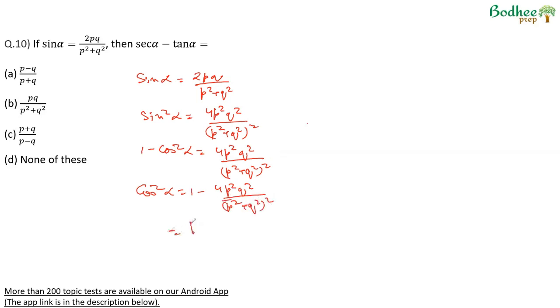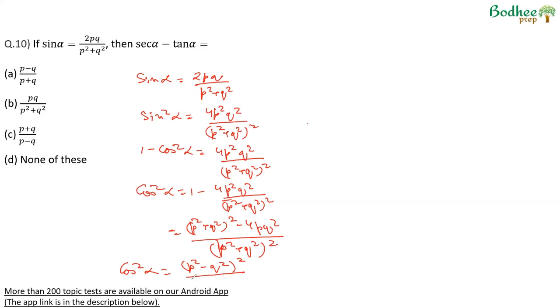which becomes p square plus q square whole square minus 4p square q square upon p square plus q square whole square. Therefore, cos square alpha, using a plus b whole square minus 4ab is nothing but a minus b whole square, is p square minus q square whole square upon p square plus q square whole square.